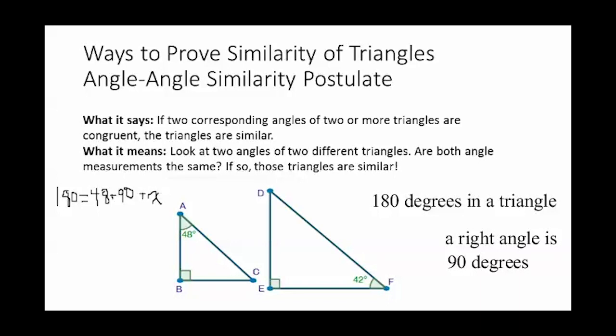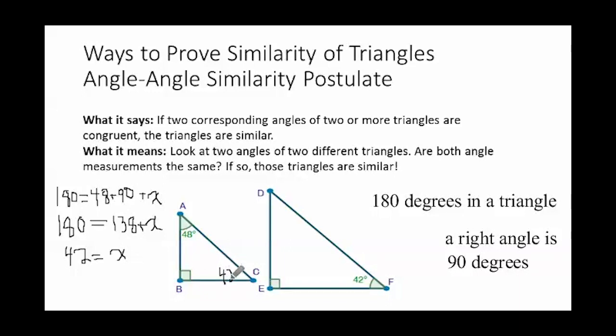I can go ahead and solve this for x. 48 plus 90 is going to give me 138. 180 equals 138 plus x. Now I can subtract 138 from both sides, and that will give me that 42 is my x value. So I know angle C is going to be 42 degrees.